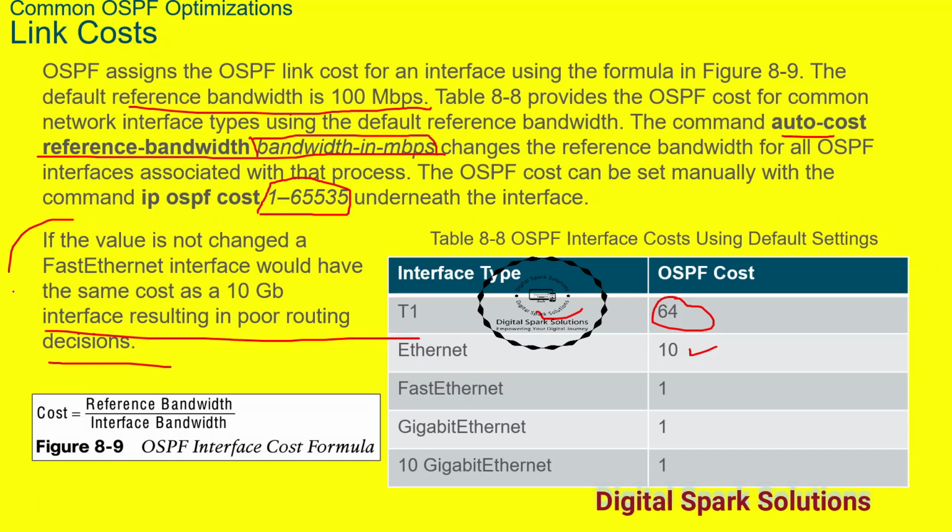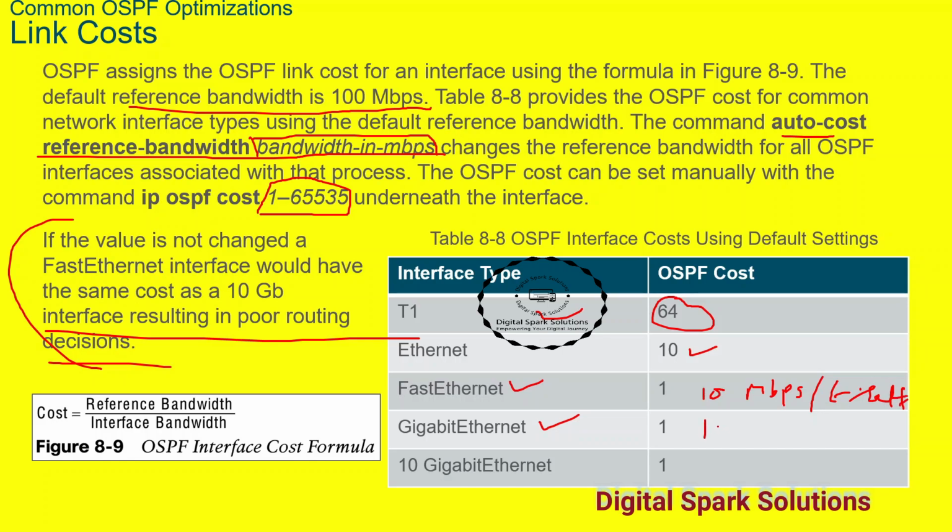Okay, the cost matters. There we have Fast Ethernet, Gigabit Ethernet, and we have 10 Mbps bandwidth of traffic flowing through the network.